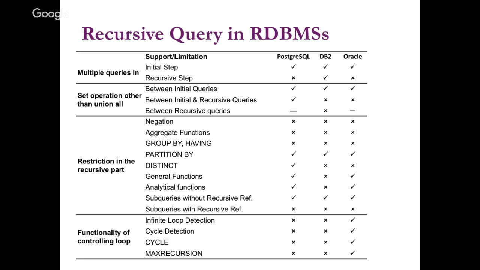All of them disallow negation, aggregate functions, and group by in the recursive part. However, they support partition by and analytical functions. And fortunately, DB2 even disallows general functions. By the way, Oracle also has its own mechanism to do looping control.